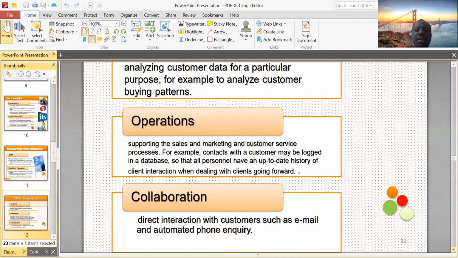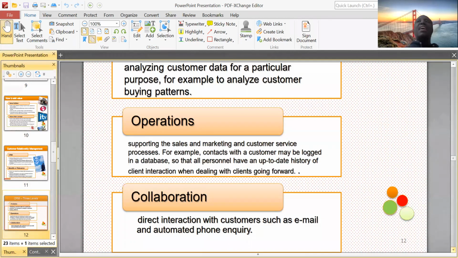And when you talk about operations, here you are basically supporting the sales and marketing and customer service processes. Very, very key. So a typical example would be, anytime the organization has a contact with the customer, it is logged into a database so that all employees in the organization will have a history of client interaction with the customer.